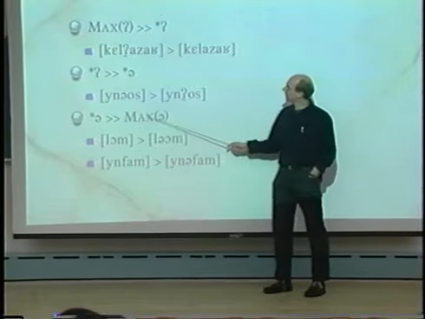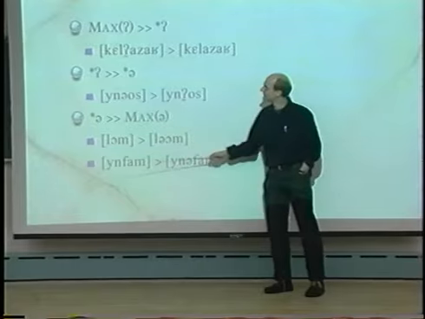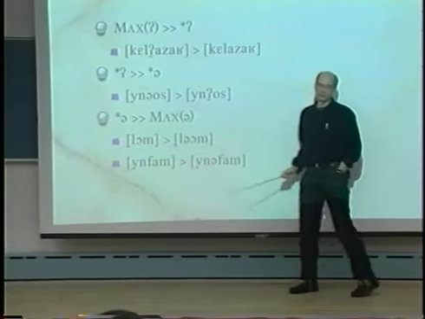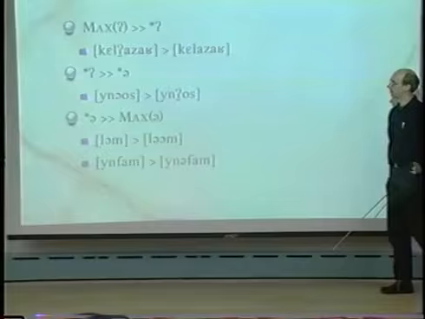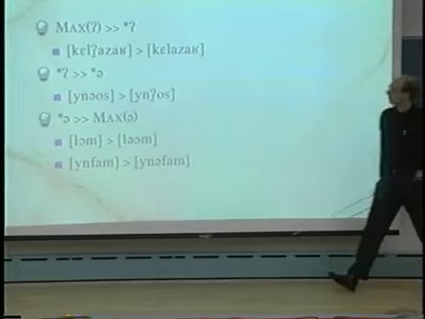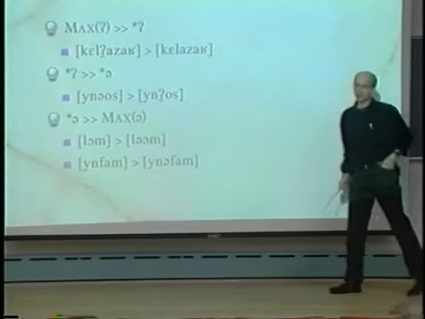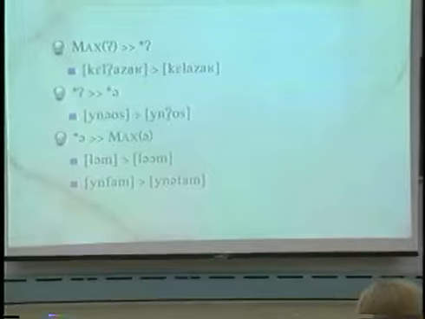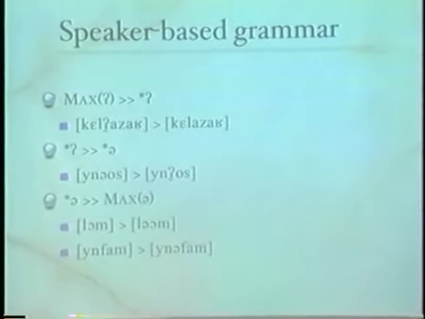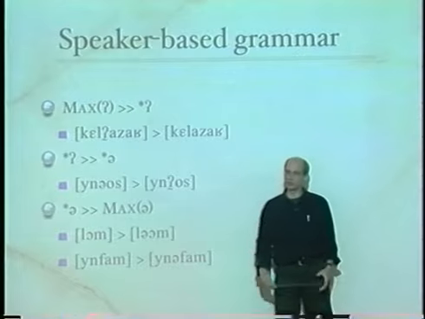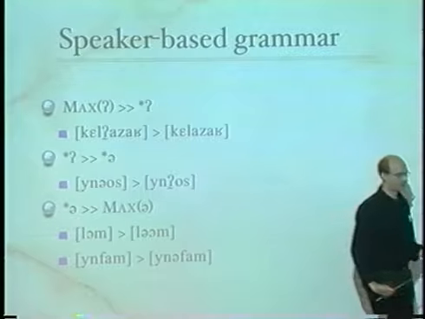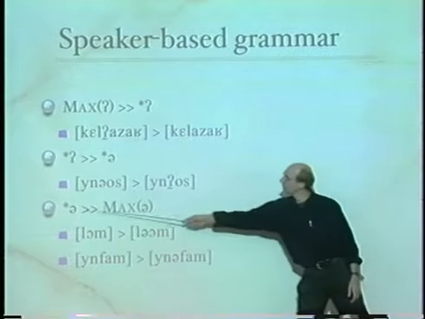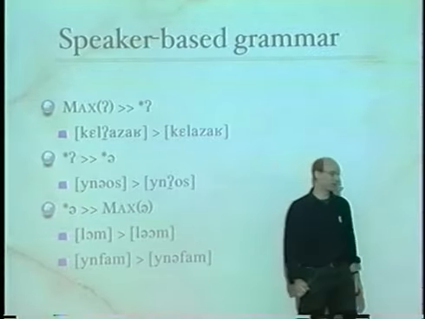L'homme violates this constraint and le homme violates that constraint. If this is better than this, the constraint that it violates has to be ranked lower than the other one. Also une femme is better than une femme. So apparently we want to delete the schwa, and we can propose a constraint like star schwa, don't pronounce a schwa. So this doesn't pronounce a schwa even if it's underlyingly present. That's what this means.